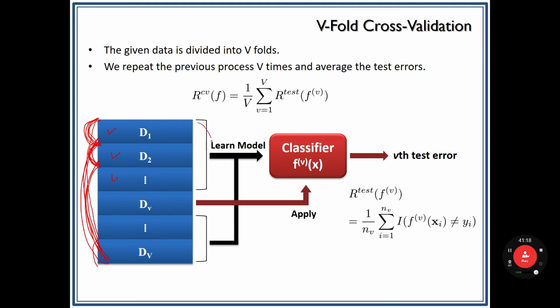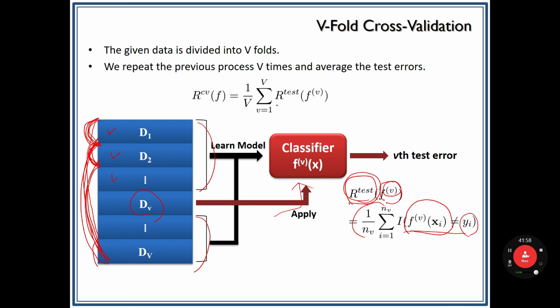This is just one case: learn a model using these folds and use the remaining fold to get the test error. If the predicted class of the classifier is different from the true class, then we can compute the test error for the model. Then we can calculate this test error across all of the models.